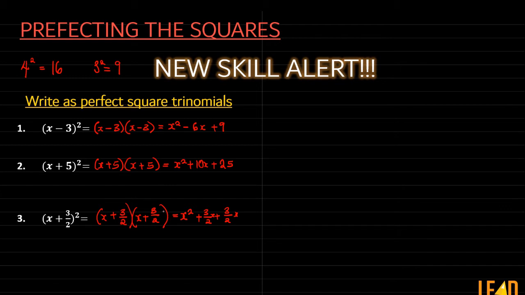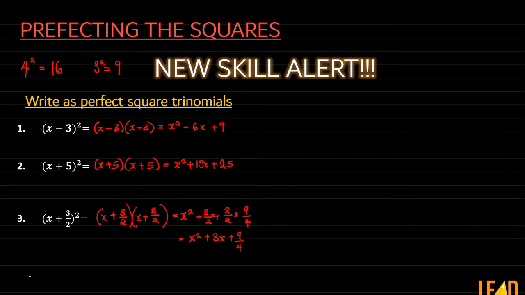And then 3 over 2 times 3 over 2 gives you 9 over 4. If you add up the like terms in the middle, it's basically going to be x squared plus 3x plus 9 over 4.